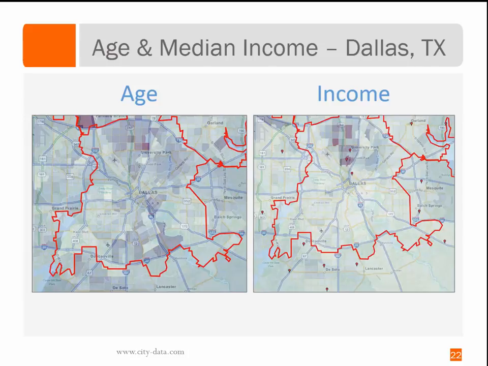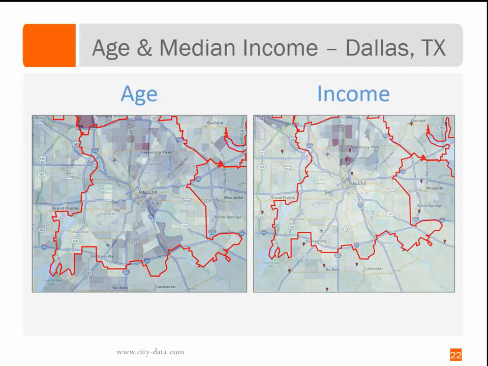And so if we take a look at age, we see quite a bit of folks that are a little bit older in these parts of the city. We also see some in the south, some in downtown or to the east of downtown. And then on the east side here, sort of a mid-range.